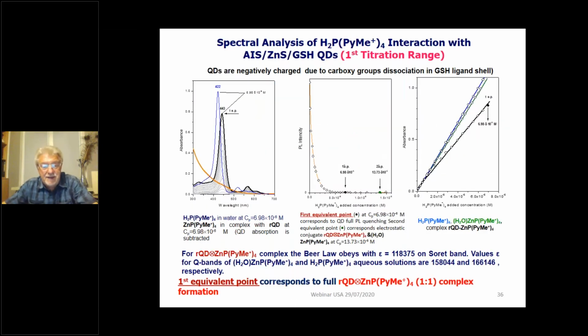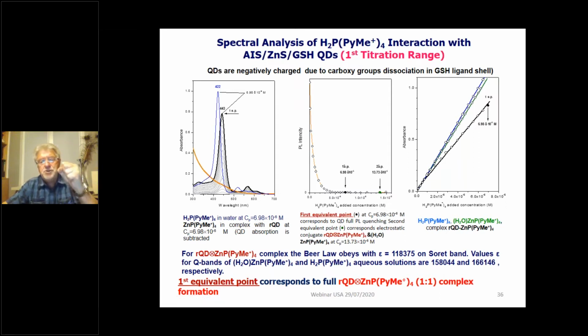And detailed analysis of the results of the titration of quantum dots by porphyrin molecules permitted us to say that we have the specific formation of electrostatically interacting moieties.